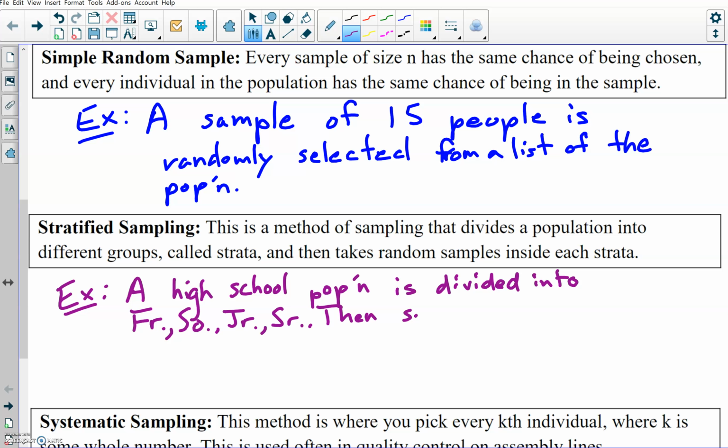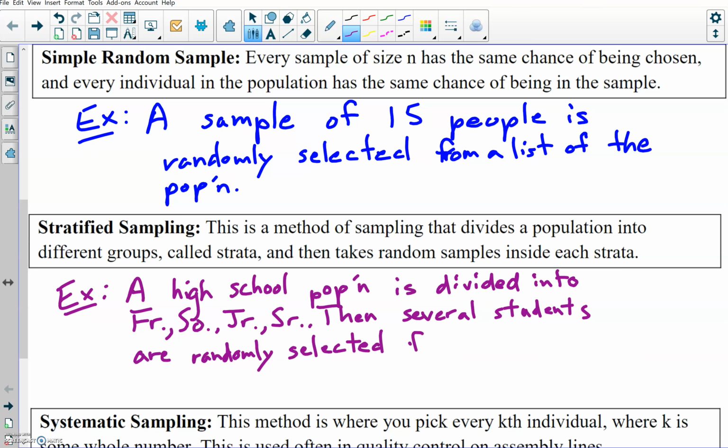Then several students are randomly selected from each group.